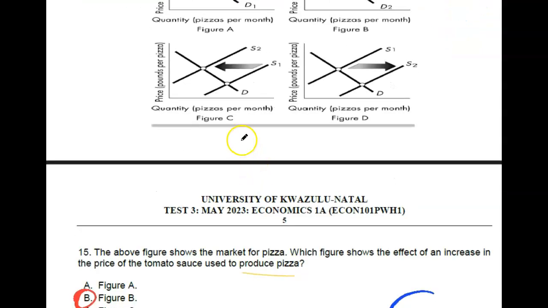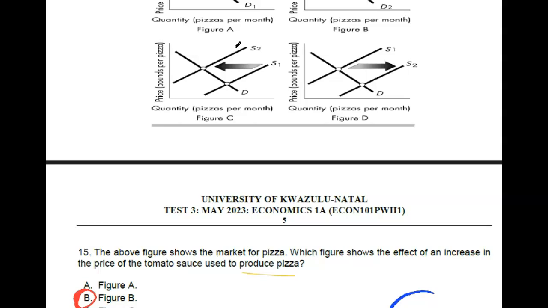So, the answer is actually C. Why? Because the supply is moving, you see? It's going from here to here. Also, you can think about it as the demand is decreasing because the demand is going like that to like that, right? So actually, the most appropriate answer is that the demand for pizza is decreasing, because you need sauce to produce pizza.